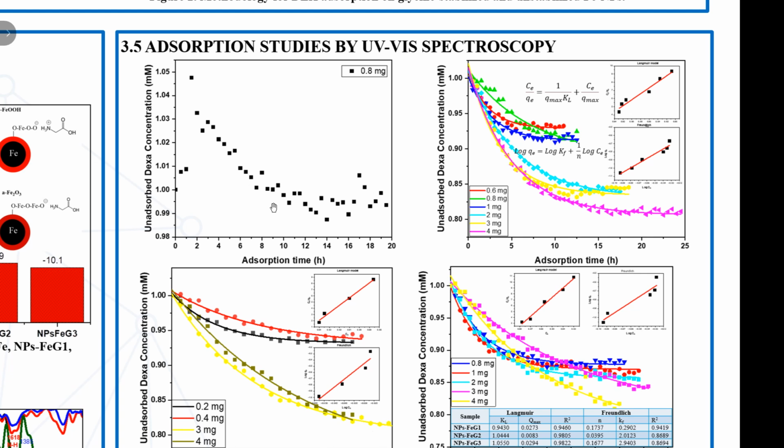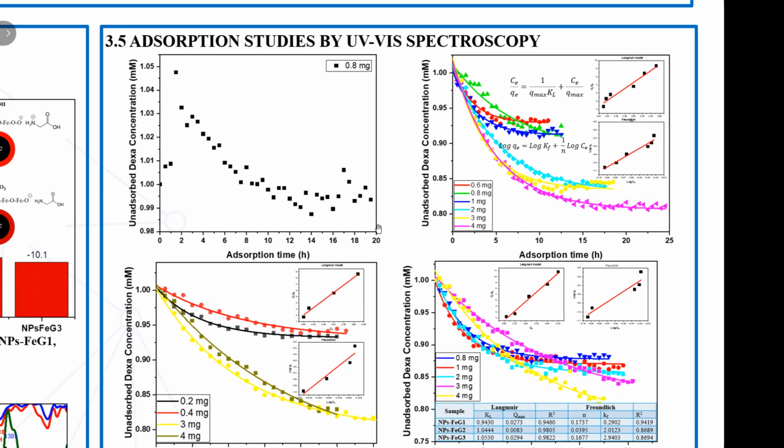So, a variation of the glycine concentration in the reaction of the iron nanoparticles is necessary to functionalize the surface in such a way that it can interact with dexamethasone. The graphs of dexamethasone not absorbed by iron nanoparticles 1, 2, and 3 are presented here.